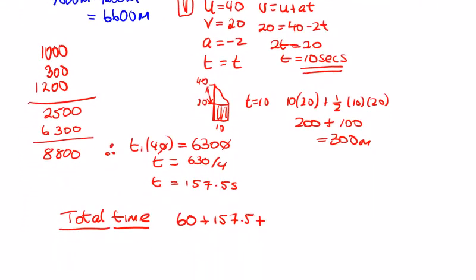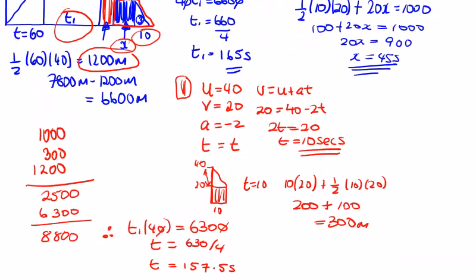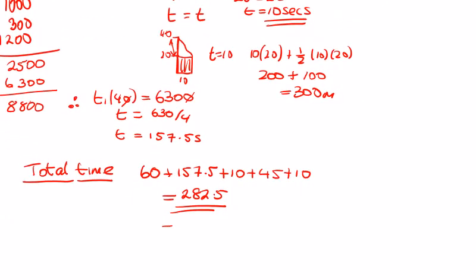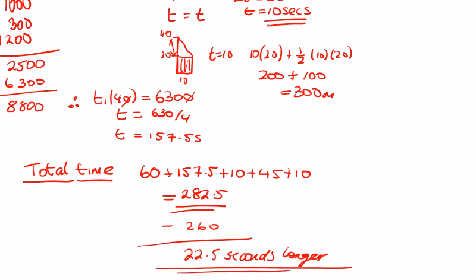So 2 10s and a 45. And that's going to give me a total of 65 and 60, 125, and 157.5. It's going to give me 282.5. And what was our original time? 260. 282.5 minus 260 is going to give me 22.5 seconds longer. So just be careful not to make the mistake that I did in this question. Work backwards rather than getting the second sector first.